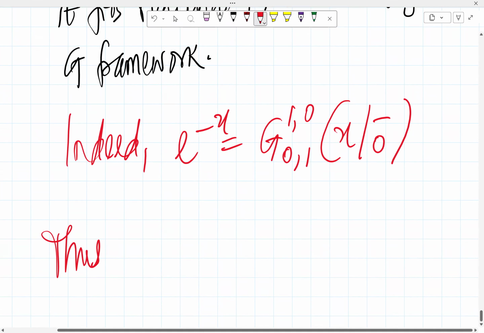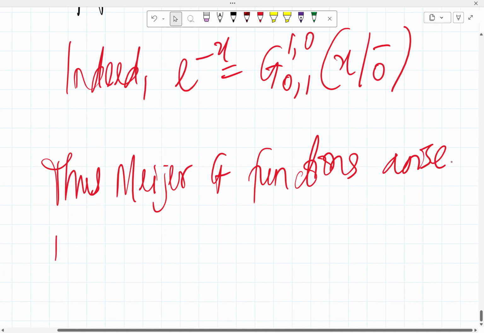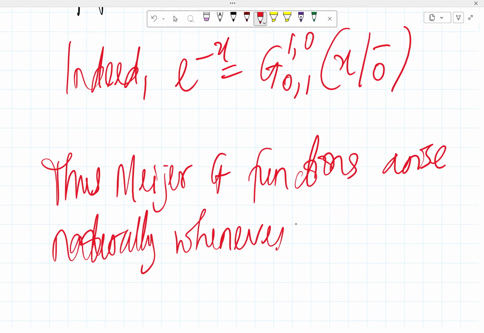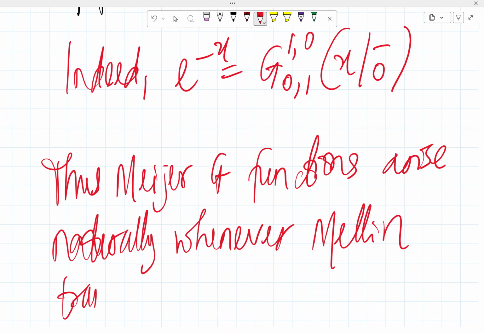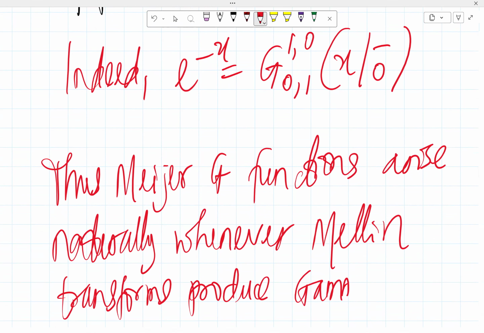Thus, Meijer G functions arise naturally whenever Mellin transforms produce gamma function products.